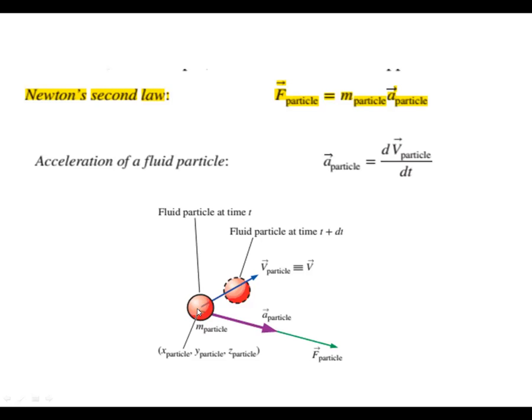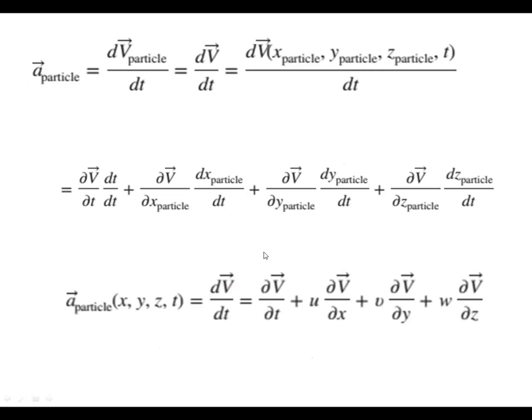At time t it may occupy some place, and at t plus delta t it may occupy another. The position, that is the x, y, z coordinates, may change, and similarly the velocity changes with time, so the acceleration also changes.